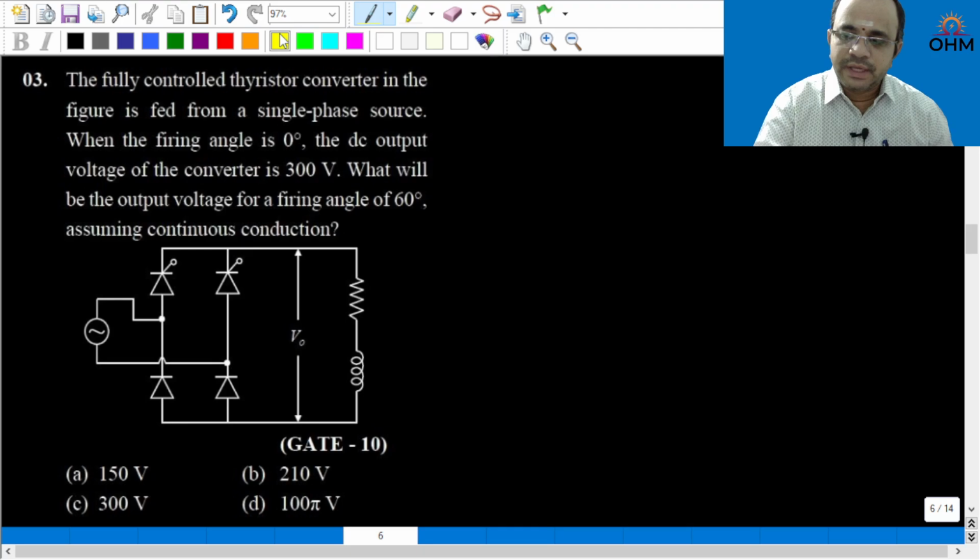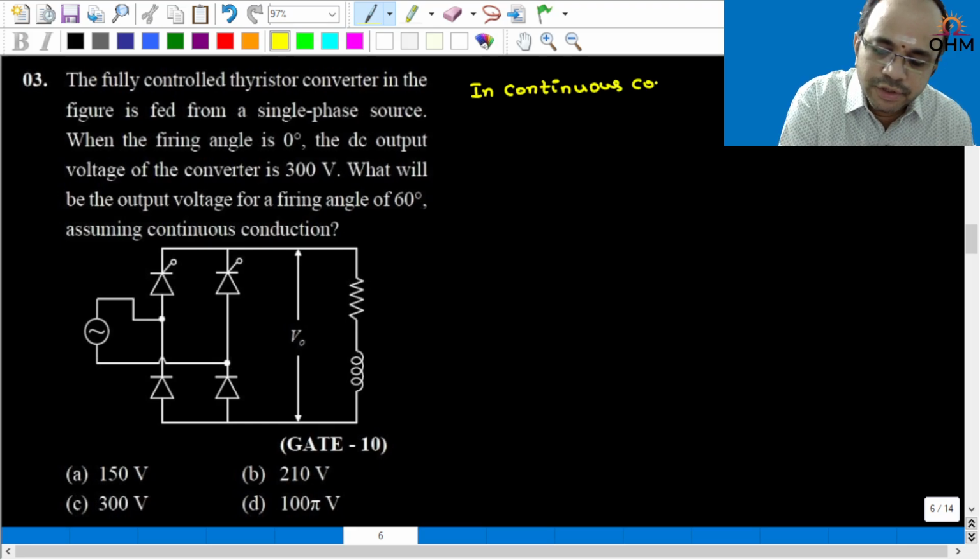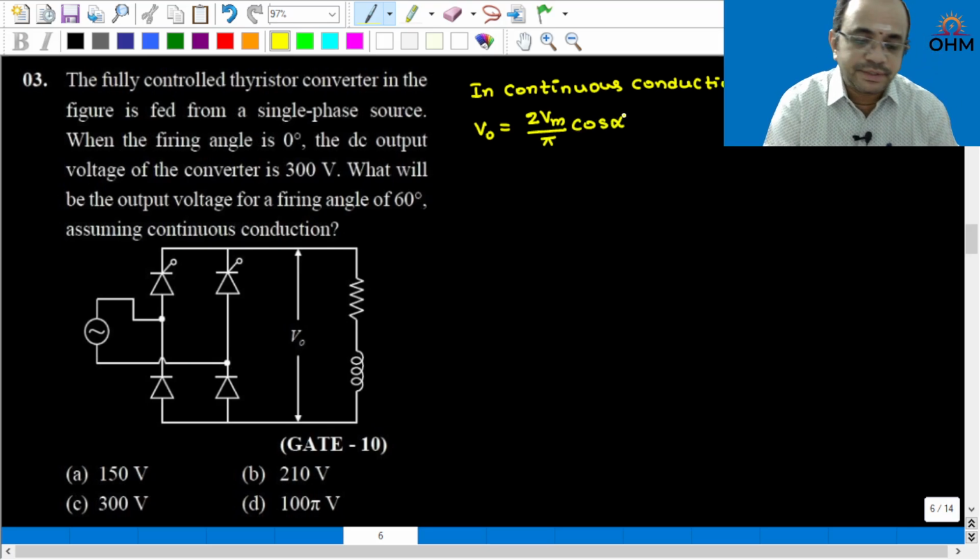Now in case of continuous conduction, the average output voltage expression will be 2 Vm by pi cos alpha, right?